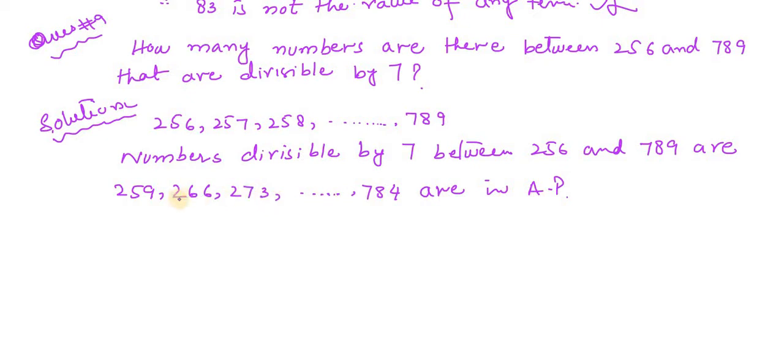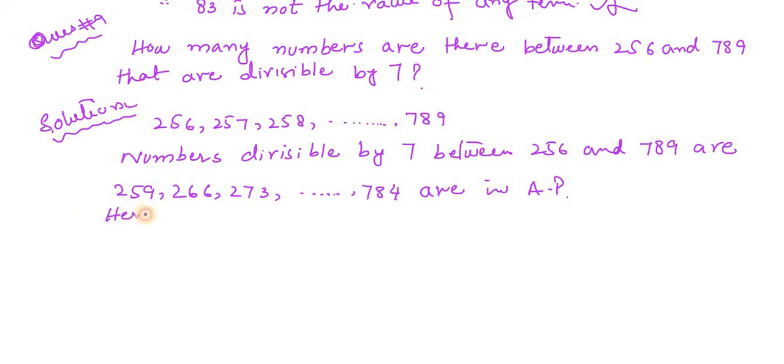We have to check that the difference between these numbers is the same. The difference between 266 minus 259 is 7, and the difference between 273 and 266 is 7. So this is an arithmetic progression of numbers divisible by 7, and these numbers are between 256 and 789.